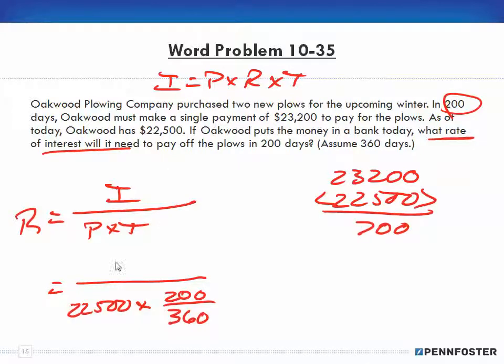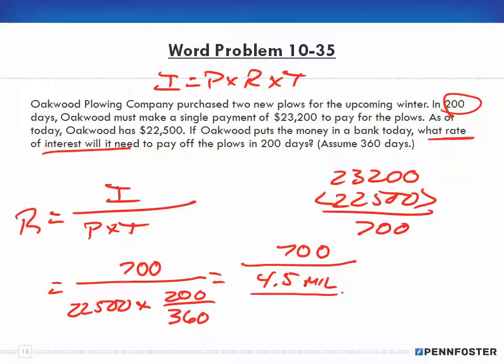So that becomes my interest amount, and I put that in the numerator. Now, in doing the math, I have $700 over, and I'm going to multiply the 22,500 times 200, which gives me 4.5 million, and that's all divided by 360.